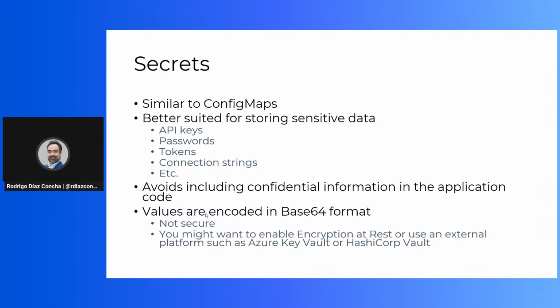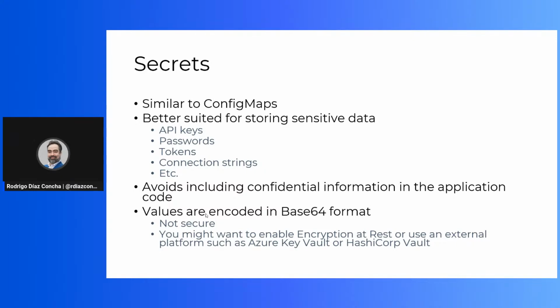So one thing that you should know about secrets is that values are just encoded in base 64 format. Those secrets are not encrypted, okay? So secrets are not super secure out of the box, okay?